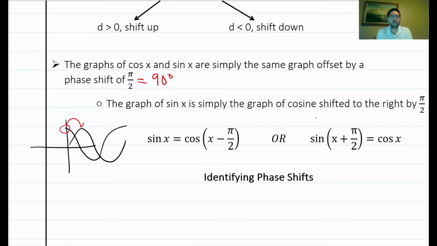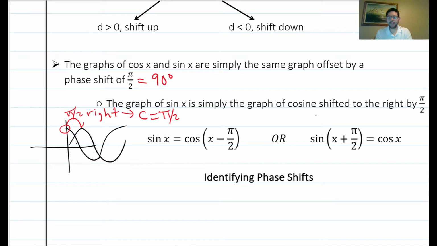So this to the right means it's going to be a positive c term, right? So in that case, the c is going to be positive pi over 2, not negative pi over 2.